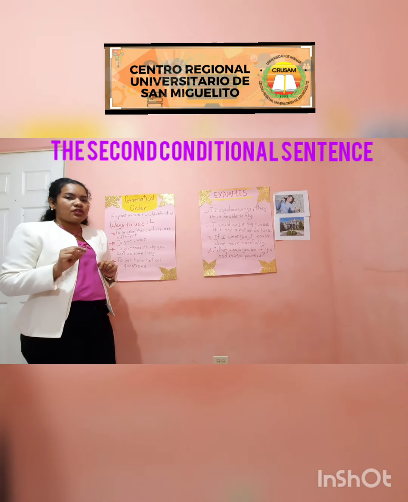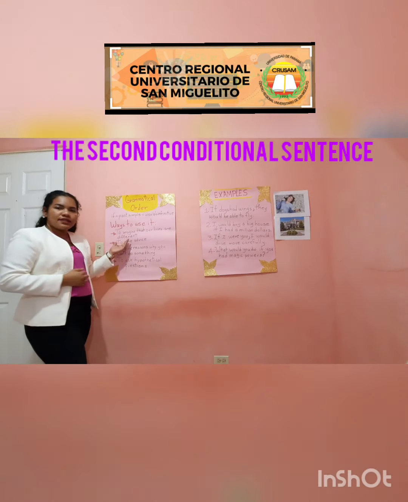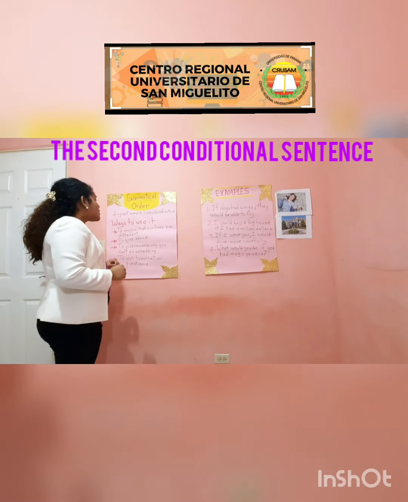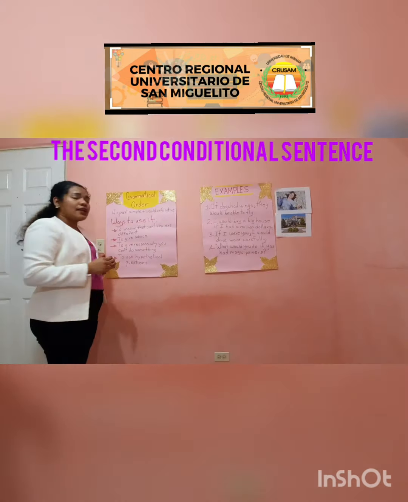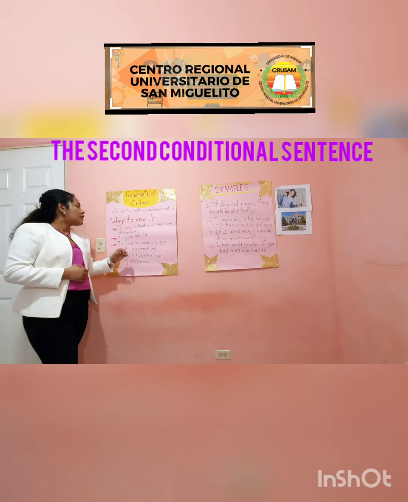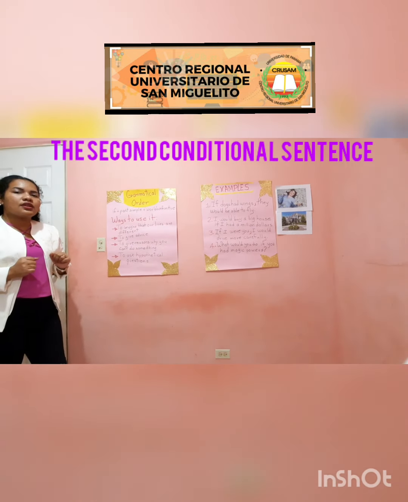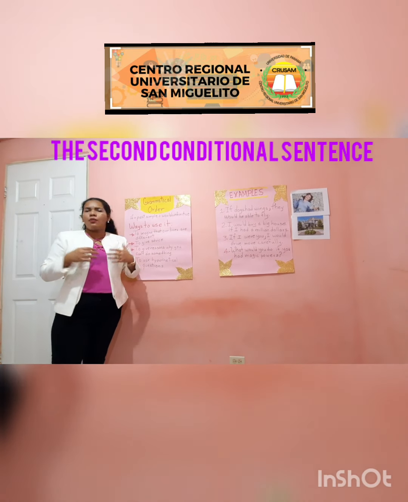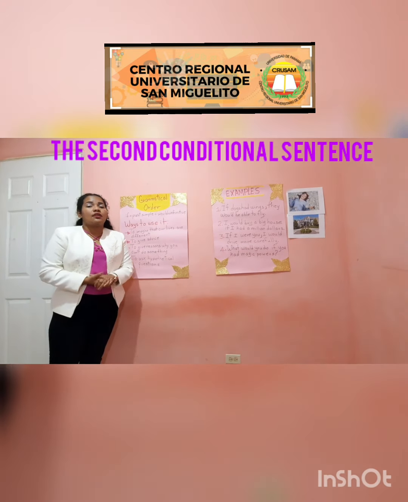So let's also see the ways to use the second conditional sentences, right? We can use the second conditional sentences in many ways. Let's see some of them. We use the second conditional sentences to imagine that our life or someone else's life is different.